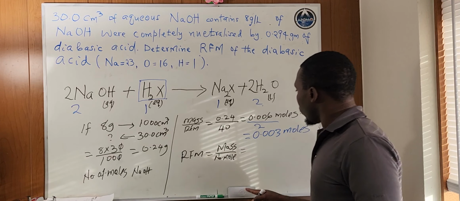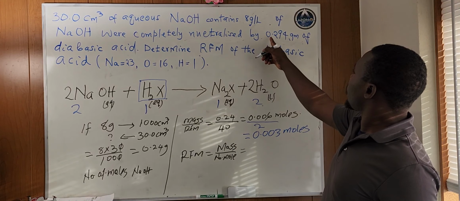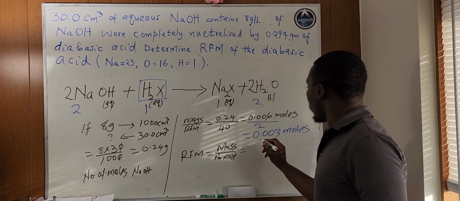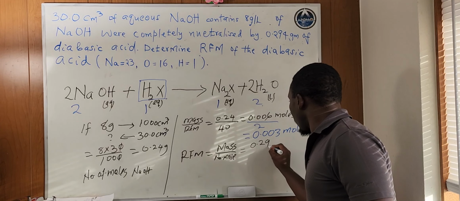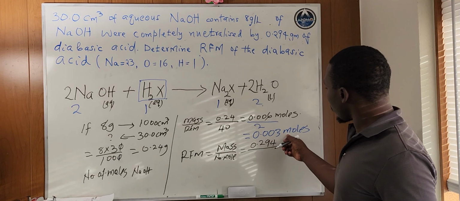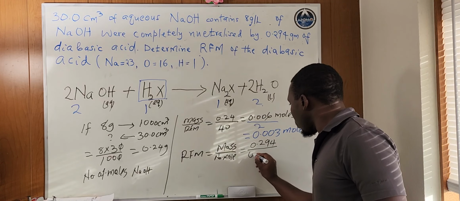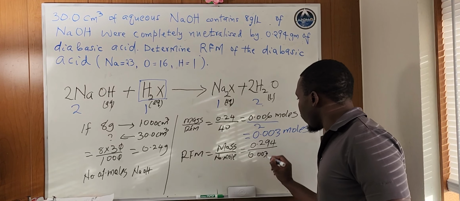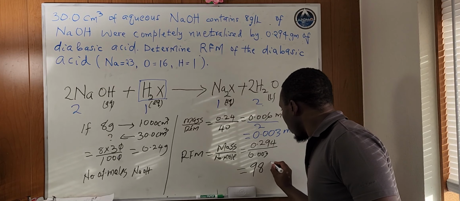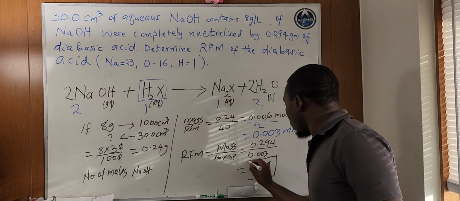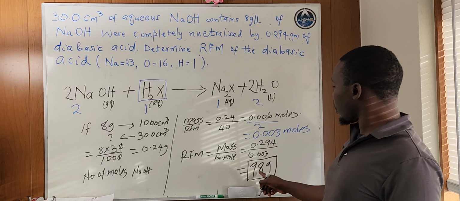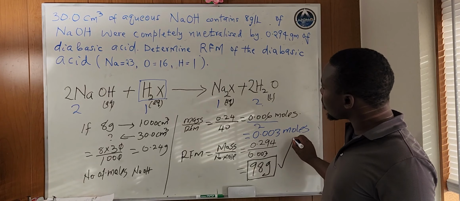The mass we are given, which was used to neutralize completely, is 0.294 grams, divided by the number of moles we got for the dibasic acid, 0.003. If we divide this, we get 98 grams. So the RFM of the dibasic acid is 98, as the question wanted.